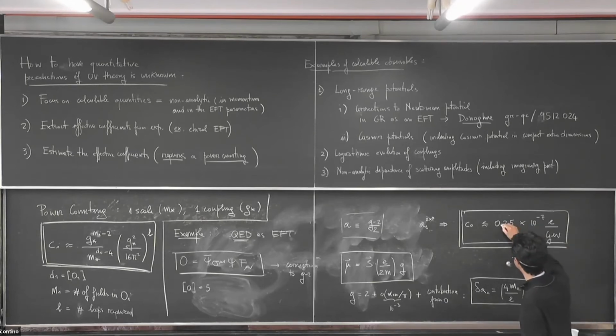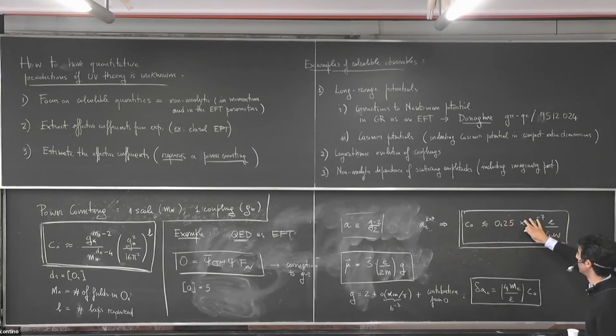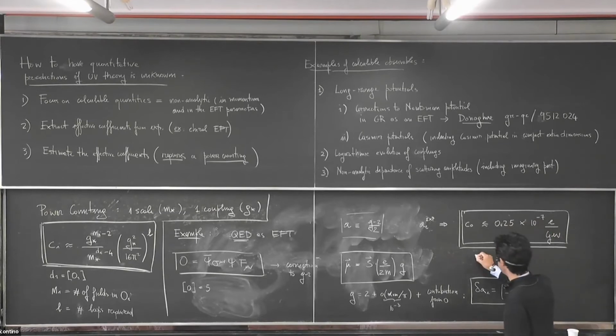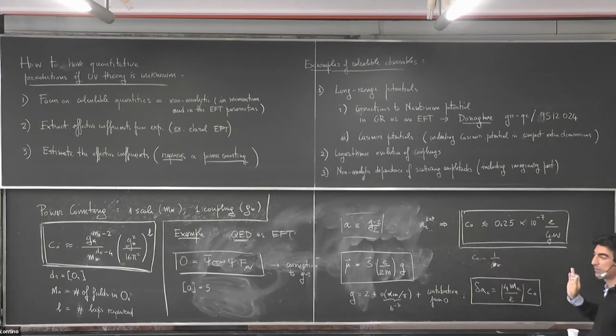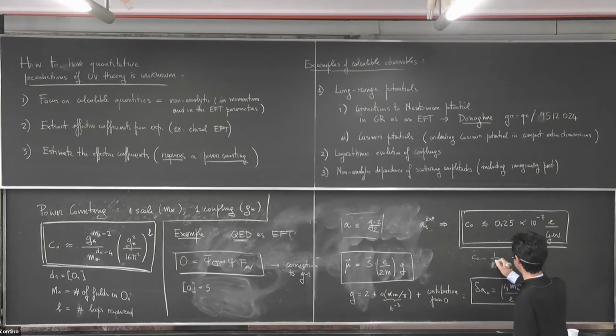However, the point is the following: now that you derive this bound, how do you interpret it? What does it mean? If you are very sloppy, then you say, look, C_O goes like 1 over m star. I don't even put coefficients or couplings in; people usually call it lambda.